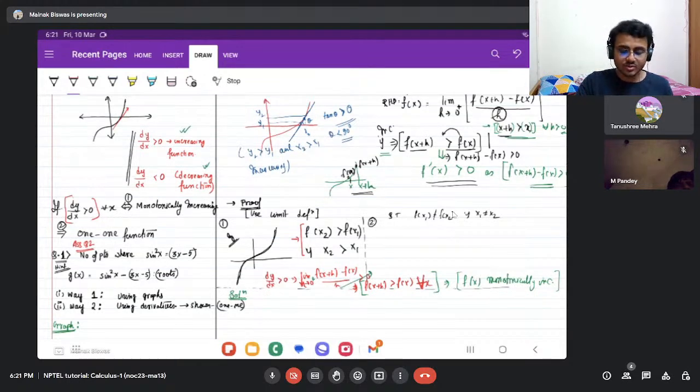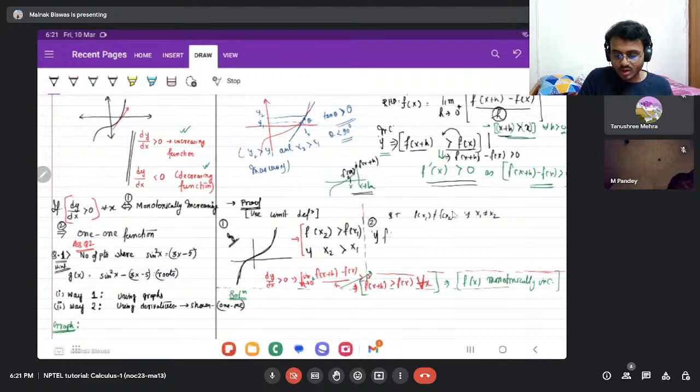Next we have to show that it's a 1-1 function. Monotonically increasing functions are 1-1, mostly bijective as well. Why are monotonically increasing functions 1-1?